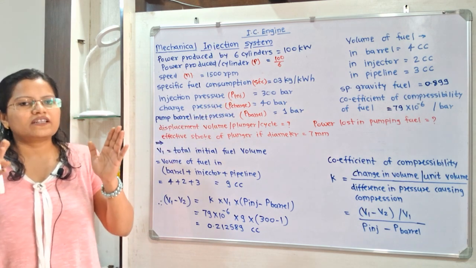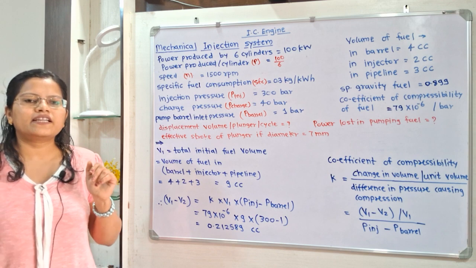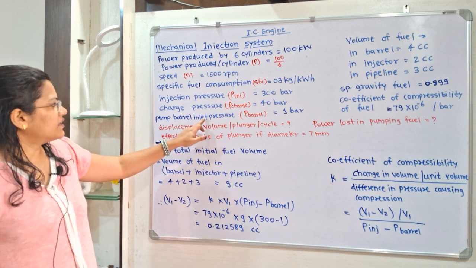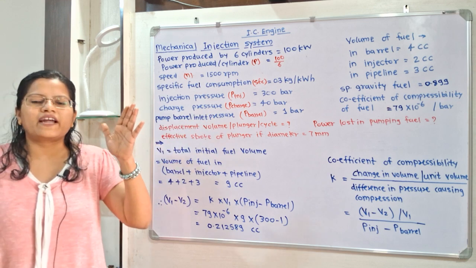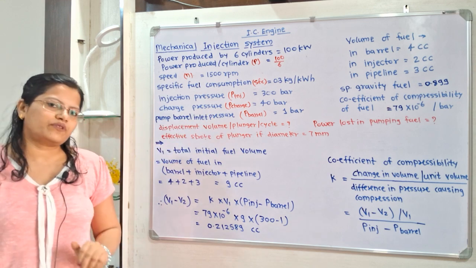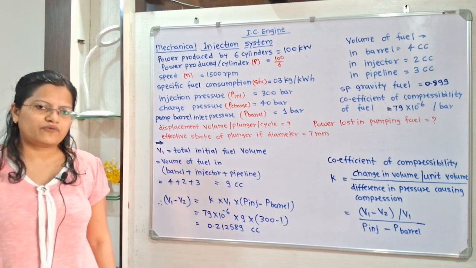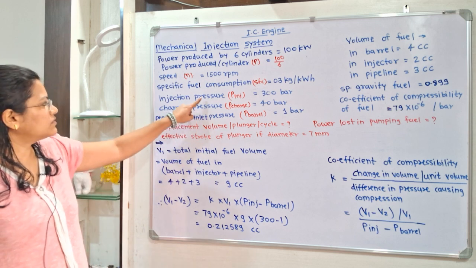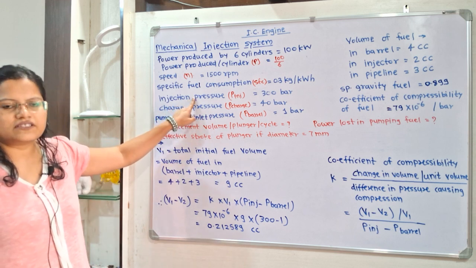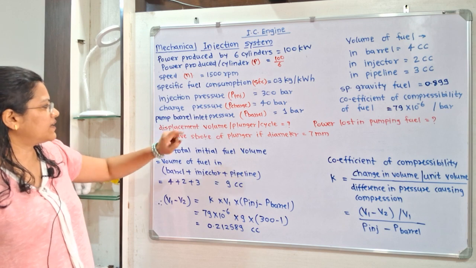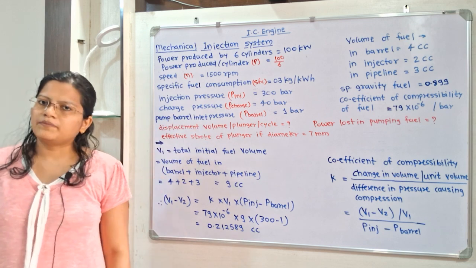As the pressure increases, there is a difference in pressure and compression of the fuel, and this is known as the compressibility of the fuel. So we have to consider this difference between injection pressure and pump barrel inlet pressure.